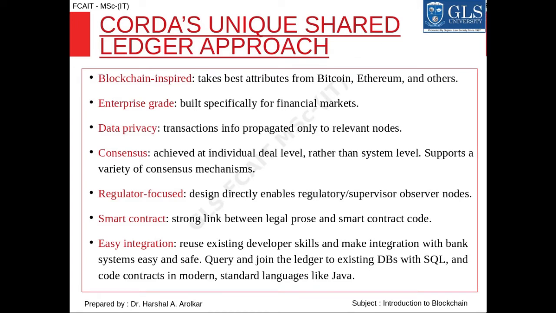It applies data privacy, as it is not sharing data with everybody across the nodes. Data privacy is easily implemented. It only propagates the data to the relevant nodes. Instead of having a system level consensus, Corda applies individual deal level consensus and has multiple consensus mechanisms, which will be discussed later.